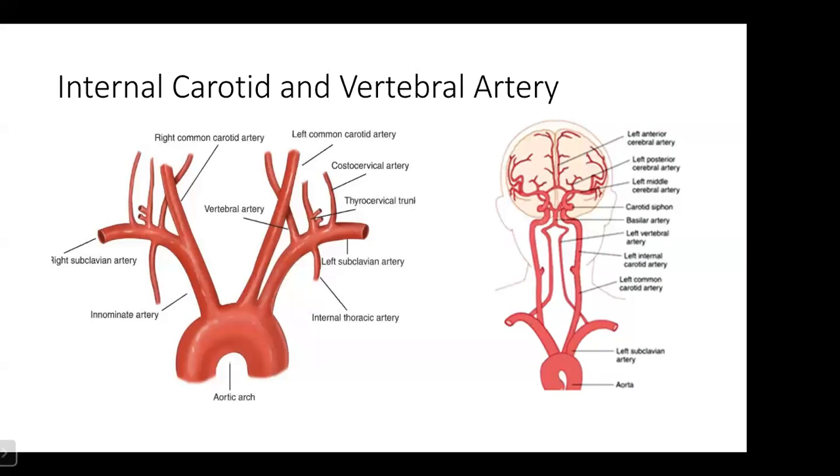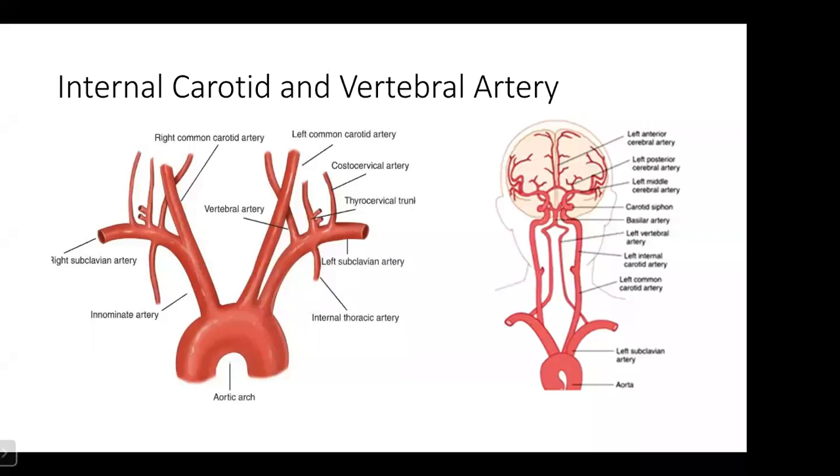In the cranial cavity, the internal carotid passes anteriorly through the cavernous sinus, and distal to the cavernous sinus, it gives the following branches. Number one, ophthalmic artery, which supplies the structures of the orbit.